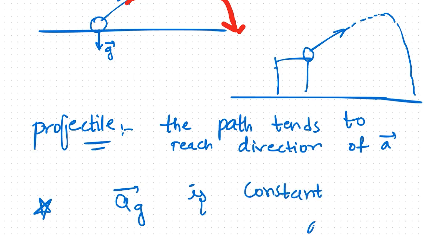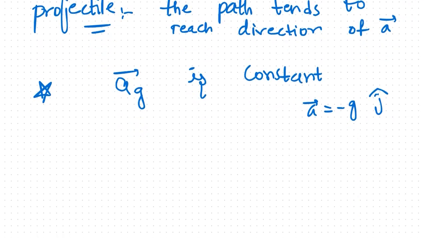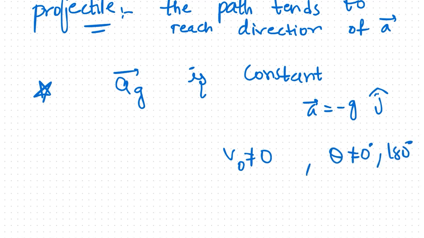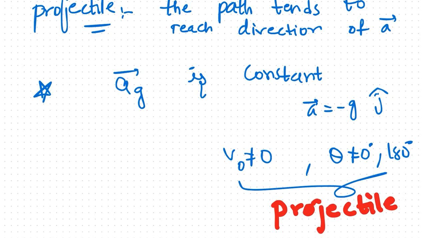So the A vector is minus g j cap. So to summarize, if v naught is not zero, and theta is not 0 degrees or 180 degrees, this path will be projectile path. Motion, how it is moving means motion.